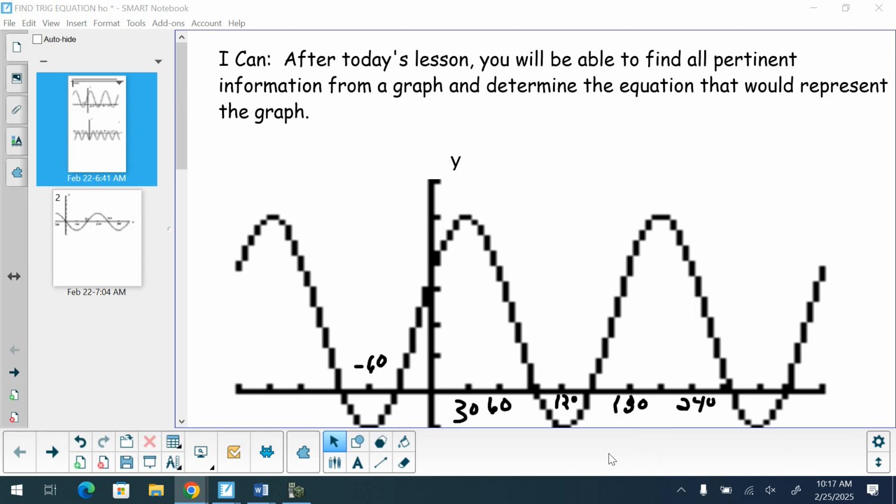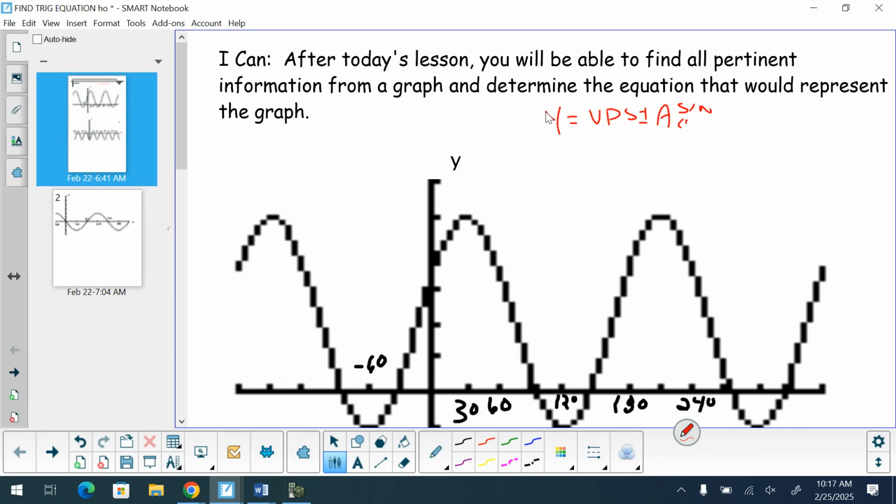Okay? So the process will be in that other direction now, but you're still going to have to determine the key elements to the equation. We have our base equation, y equals vertical phase shift, plus or minus the a sine, cosine, b theta minus horizontal phase shift.